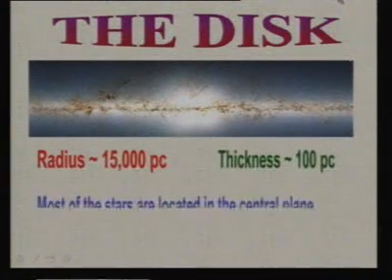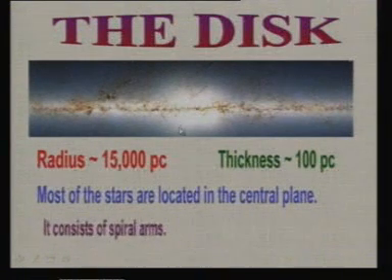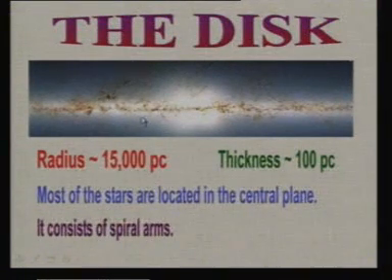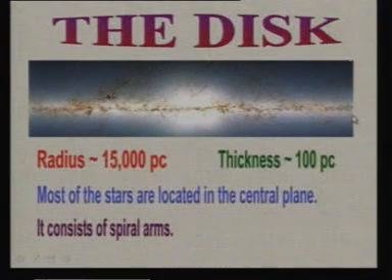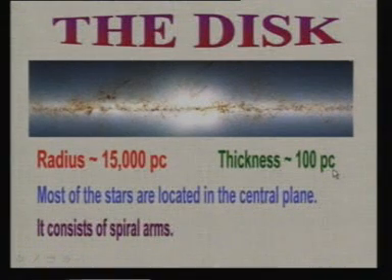Once again you see this Milky Way and the disk also of the Milky Way. Again it repeats, the radius is 15 kiloparsec. Yes, the thickness of the disk is extremely small compared with its radius. It's only a few hundred parsec, at the most 1 kiloparsec, compared with, you can see, 15 kiloparsec, so this is very small.